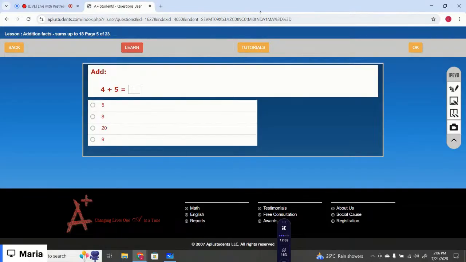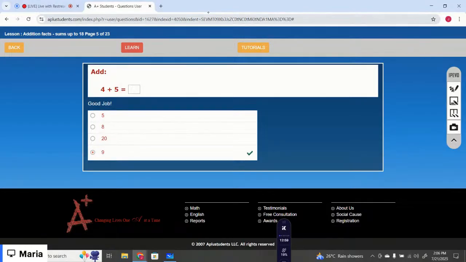Four plus 5. So starting with 4 and count up to 5. Very good. That makes 9. Option number 4 is the correct option.